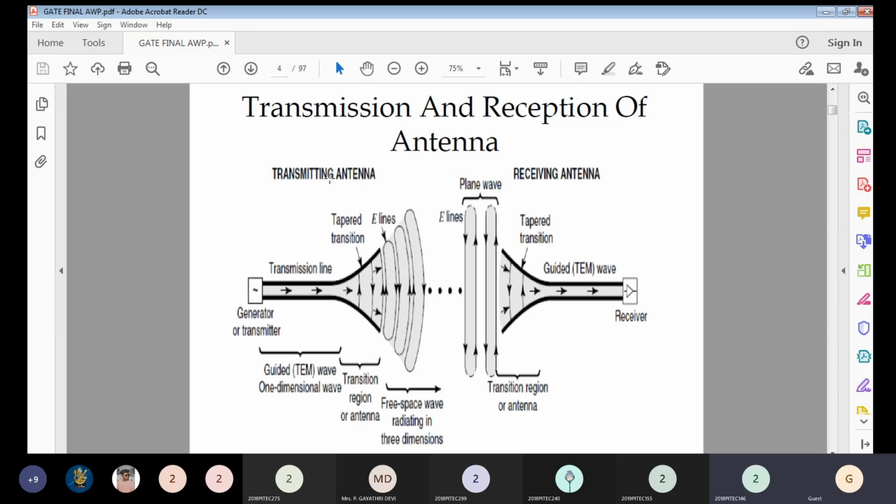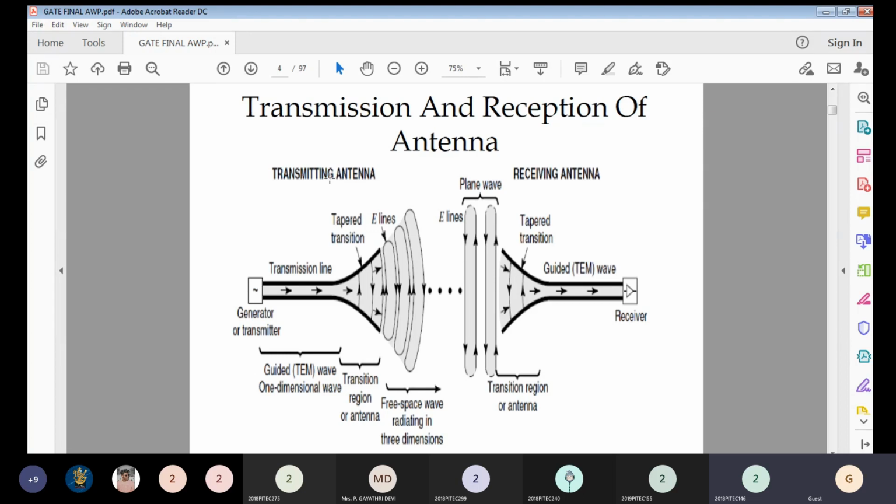On the other hand, at the receiving end, the first basic step is again the antenna, transmission line, and receiver. Whatever information we transmit from the transmission side, the same information is received at the receiving antenna with the help of the plane wave. In the case of an antenna, polarization plays a vital role.